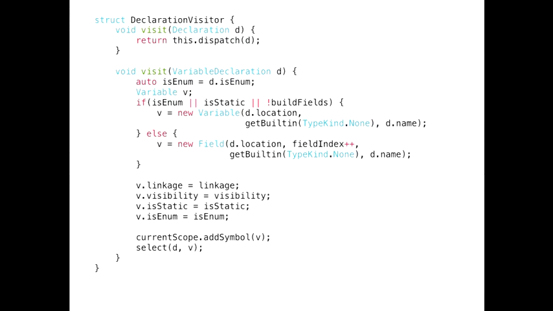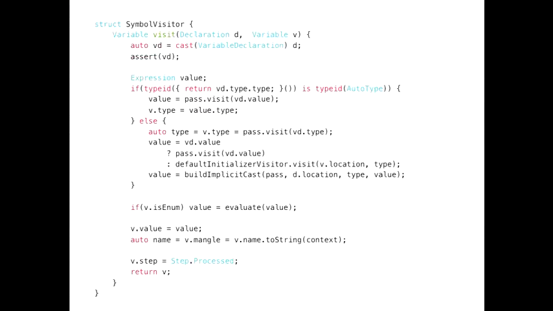You select, you add to scope, and you select. So select, there is a bit of magic in there because you may be in a static context or something like that. But basically what the function select does is registering the symbol into the scheduler. Broad overview.